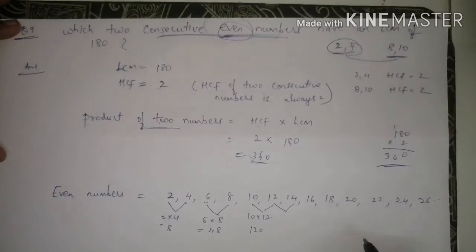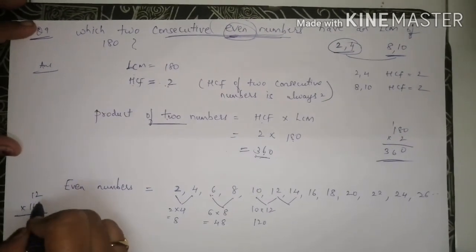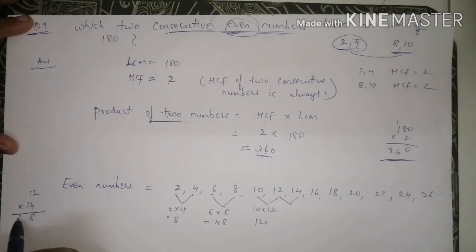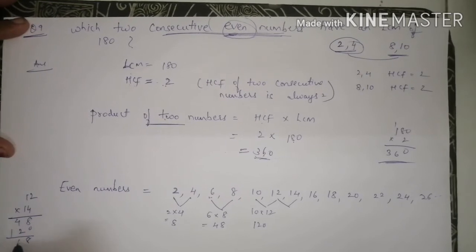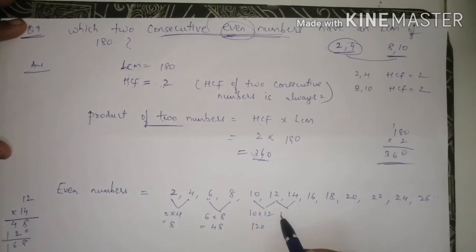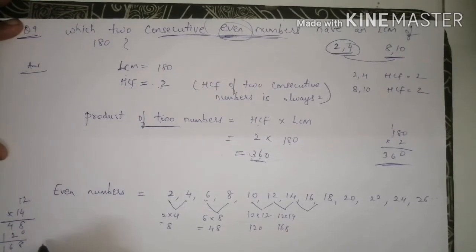12 into 14, you can do. Let's multiply 12 into 14. 4 2s is 8, 4 1s are 4, 1 2s are 2, 1 1s are 1, so 168. 12 into 14 is 168. You can do 14 into 16.